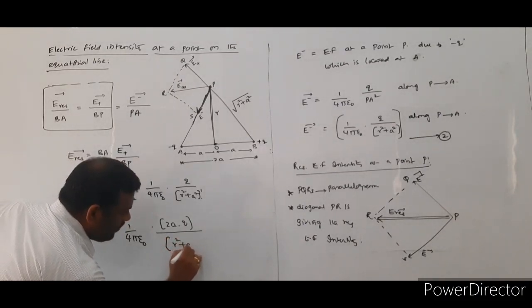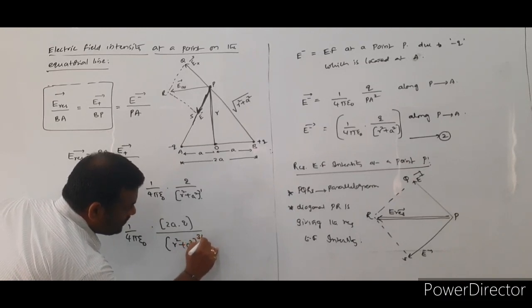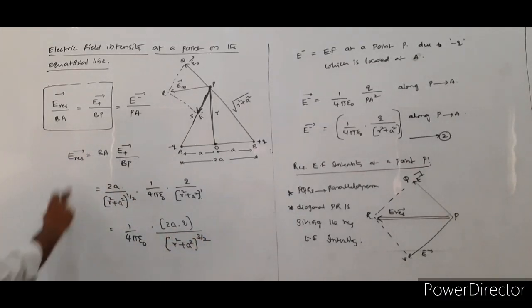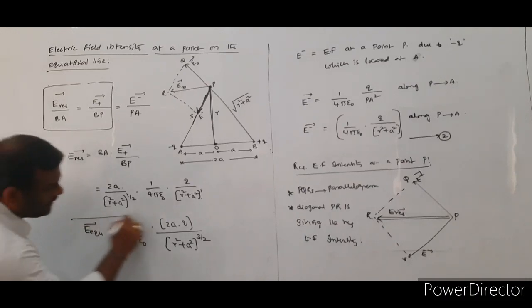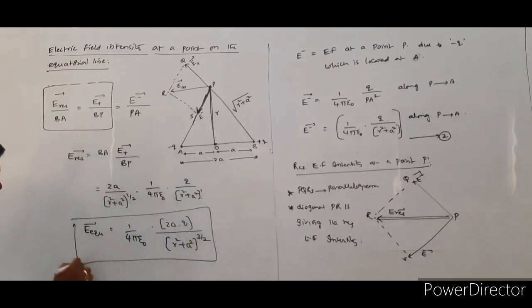This value is equal to R square plus A square whole power 3 by 2, which is giving the electric field intensity at a point on the equatorial line.